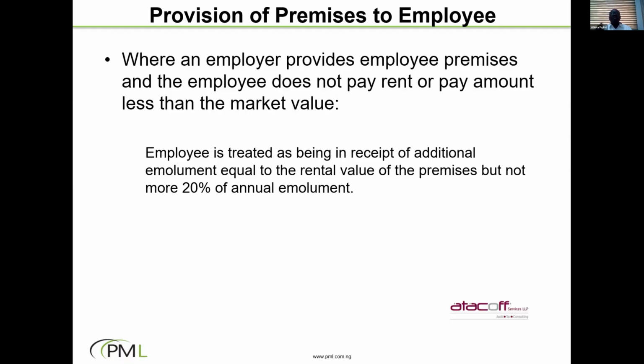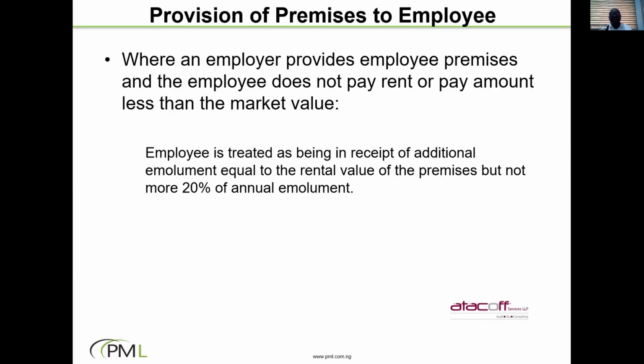It is considered as if you are paying them extra income, and the rental value of the premises, but not more than 20% of the annual emolument, will be added to the salary of the employees. So whatever is the rental value of that apartment you have provided, not more than 20% of the total emolument will be added to the income of the employee.